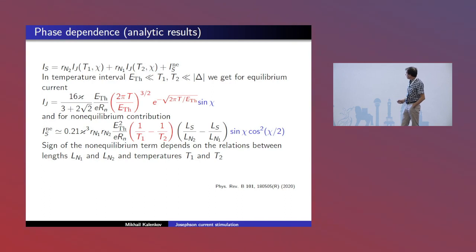And third, the sign of the non-equilibrium contribution depends on the geometrical parameters. So by changing the geometrical parameters of the structure, you can change the sign of the non-equilibrium contribution to the Josephson current, or just by changing the temperature, you can also change the sign.